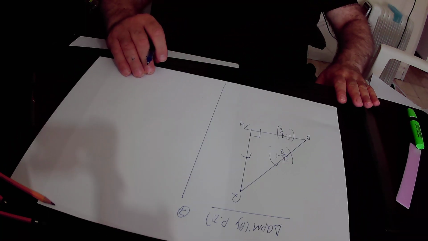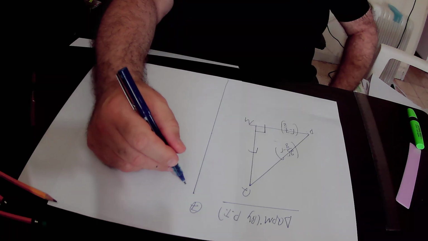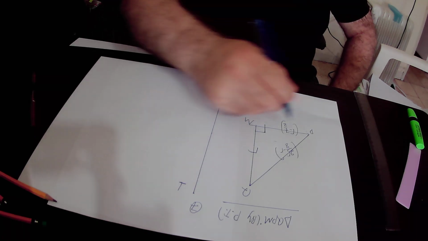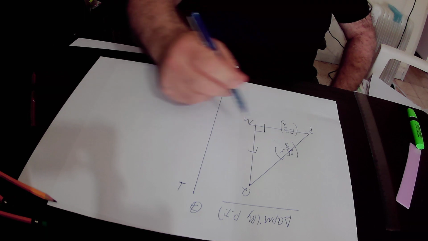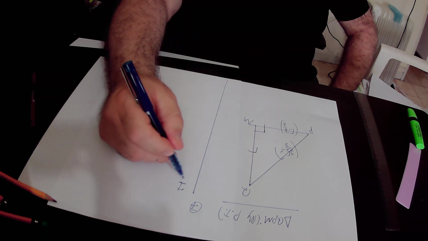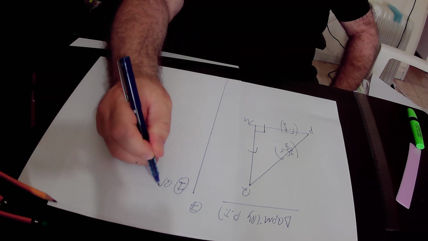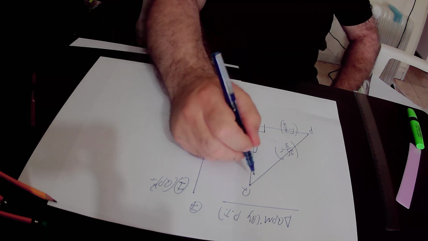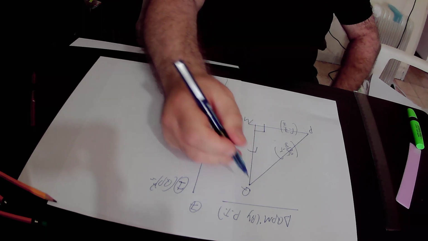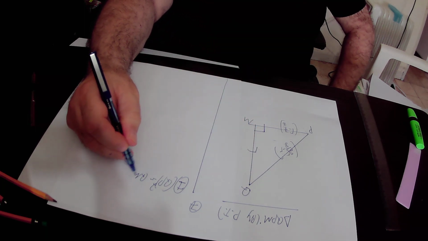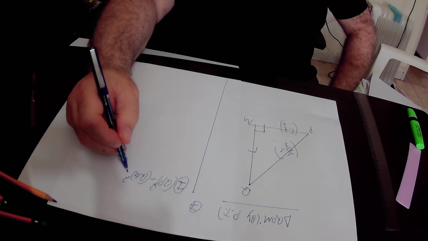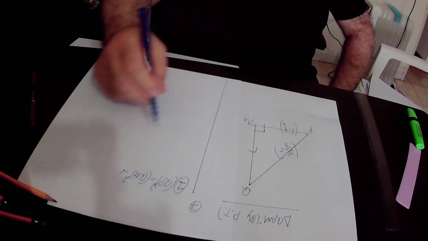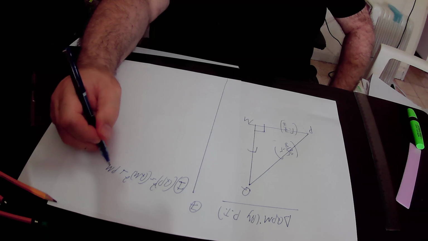So here, the square of the hypotenuse is QP squared, and it must be equal to the sum of the squares of the perpendiculars. That is to say, it must be equal to QM squared plus PM squared.